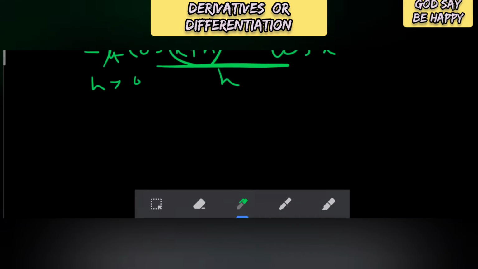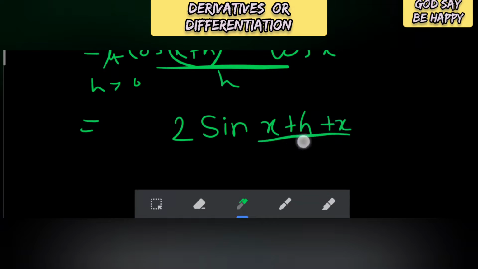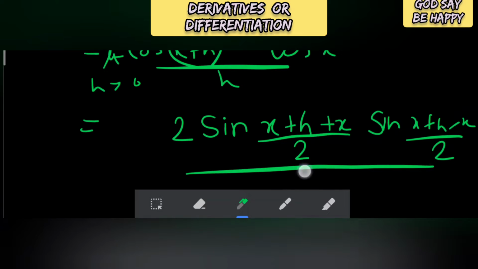Now, using the trigonometry formula for cos C minus cos D, we will simplify this. So, 2 sin((x + h + x)/2) sin((x + h − x)/2) upon h, limit h tends to 0.